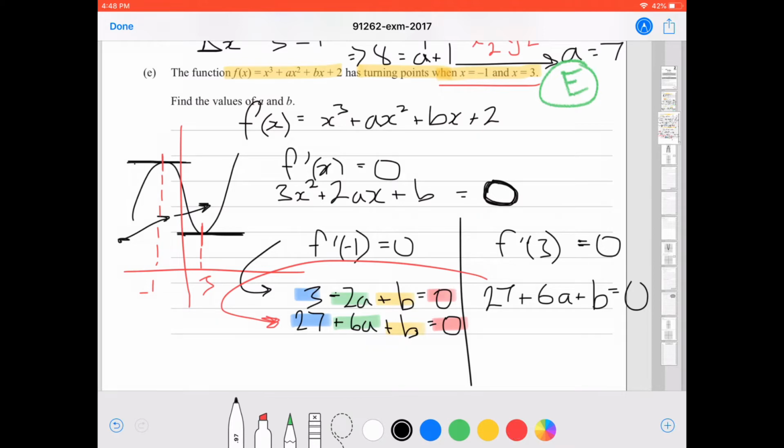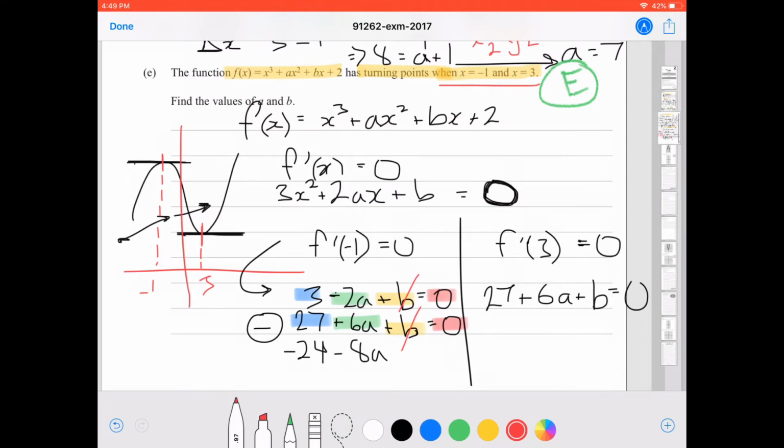Okay, and so here, hopefully you're familiar with the elimination method. Our b's are positive, and so we are going to subtract the two equations here. So we've got 3 minus 27, that is going to be minus 24, minus 2a minus 6a is minus 8a.